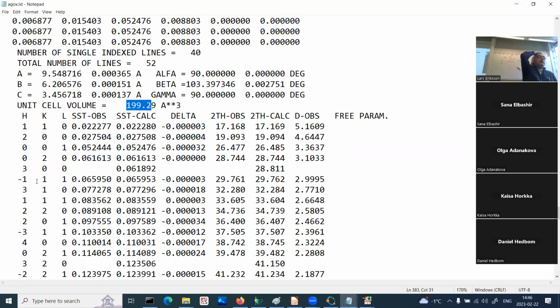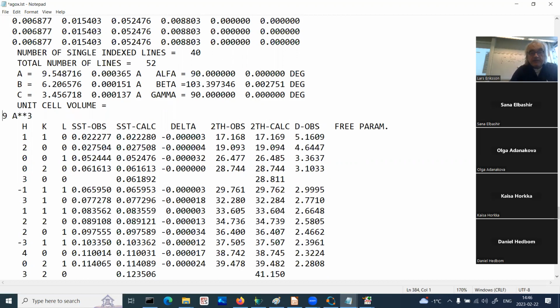It was actually solved just by looking at these reflections and then converting them to a single crystal data set. Then it's fairly straightforward to find the atoms.